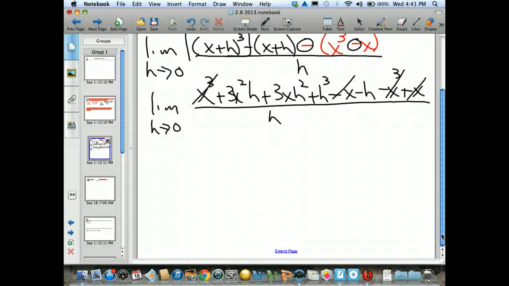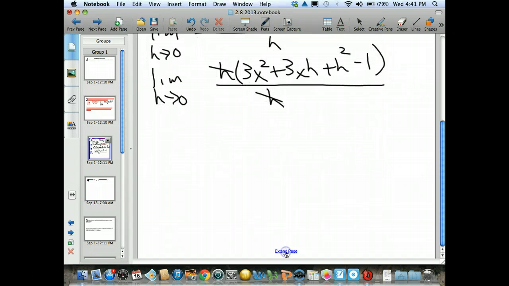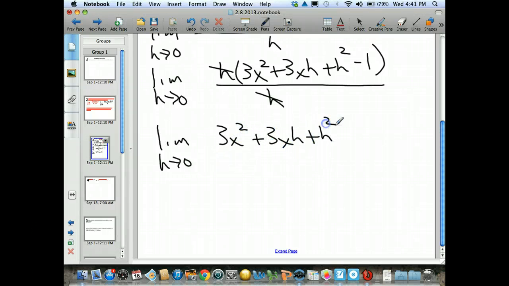So let's look at this limit again as h goes to 0. I'm going to factor that h out, so this becomes h times 3x squared plus 3xh plus h squared minus 1, all over h, which cancels. So we're just looking at the limit as h goes to 0 of the terms that remain: 3x squared plus 3xh plus h squared minus 1.